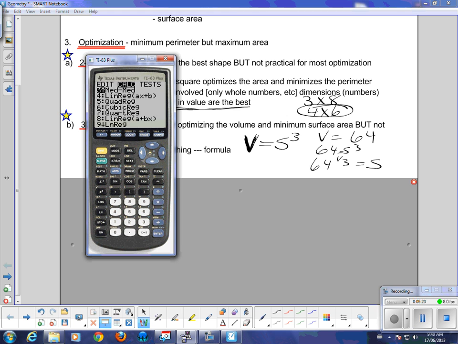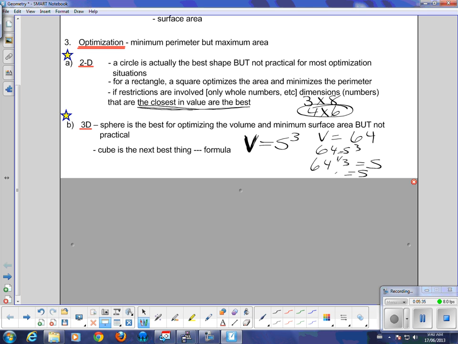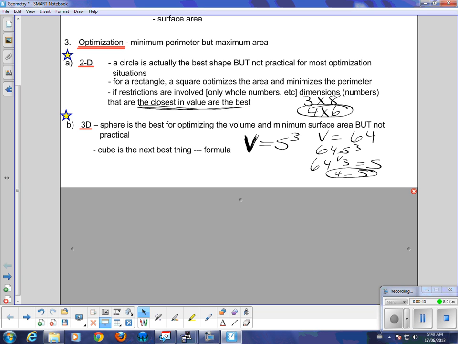So I would go 64 to the power of 1/3. And amazingly, it's 4. And yes, I knew it was going to be 4. So I would have a cube with a side length of 4 is what I would want in a question like that. Okay, now we did quite a few questions, so make sure that you look at some of those.